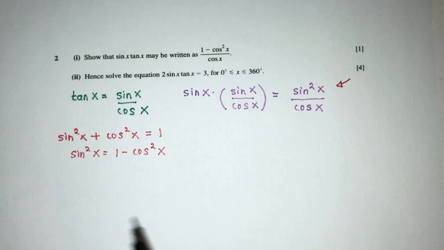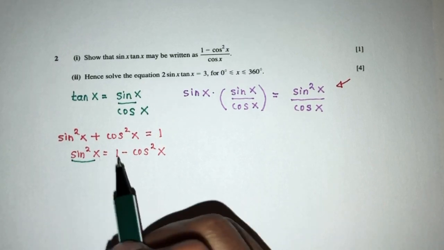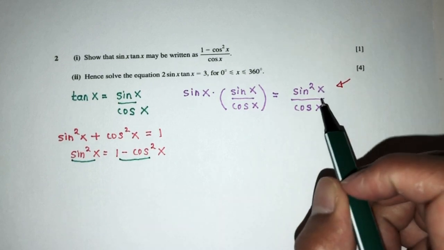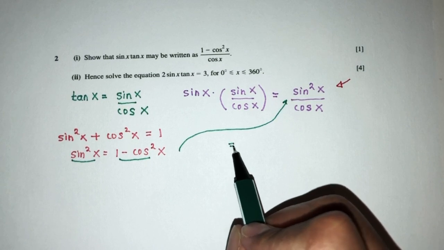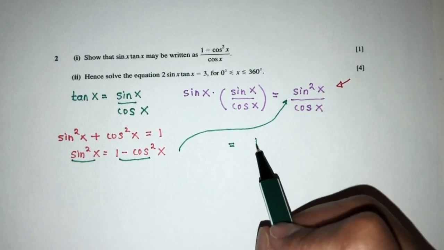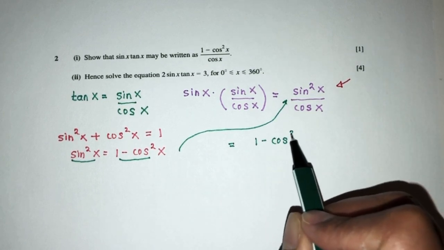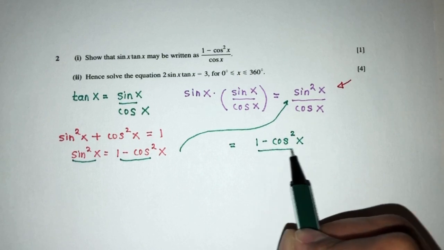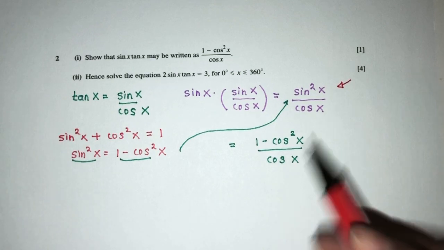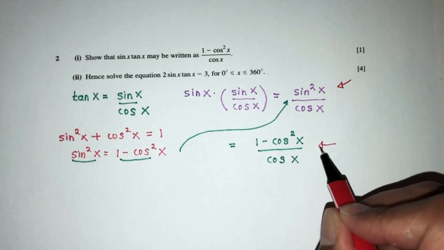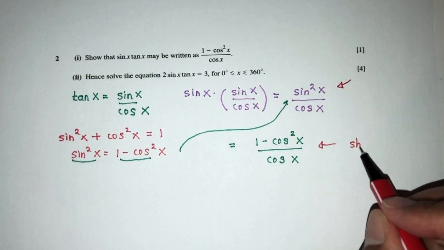So now we can actually replace this by this in the main equation. So let's continue. This will go up here. That will be sin squared x, which is 1 minus cos squared x, over cos x. And guess what? This is shown as required for part 1.